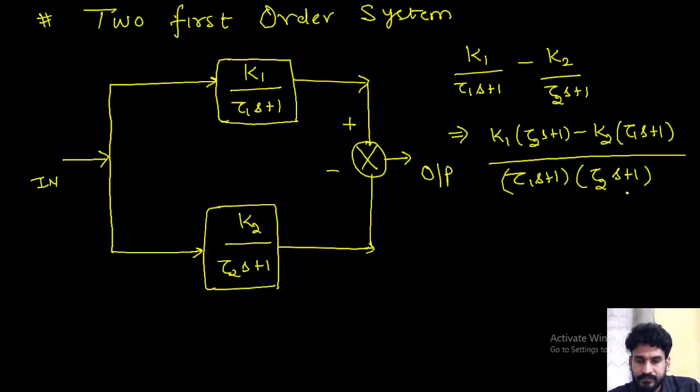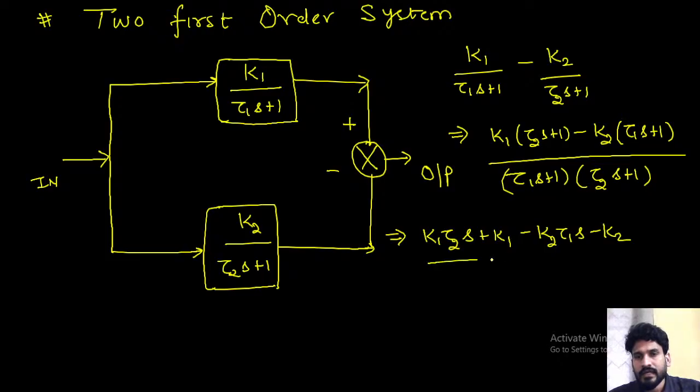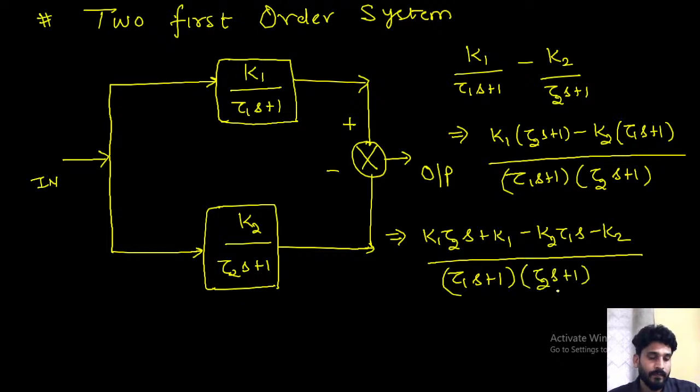So just expand the numerator. My numerator is k1 tau 2 s plus k1 minus k2 tau 1 s minus k2, divided by (tau 1 s plus 1) and (tau 2 s plus 1).